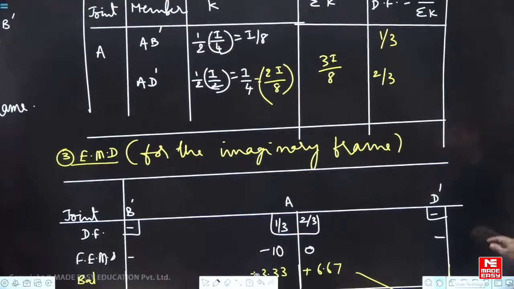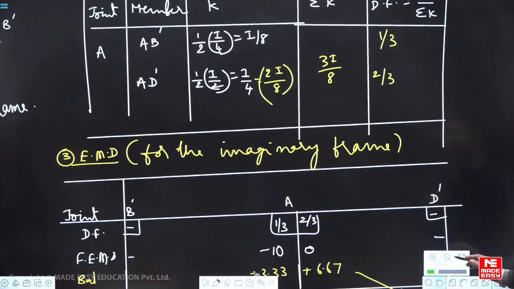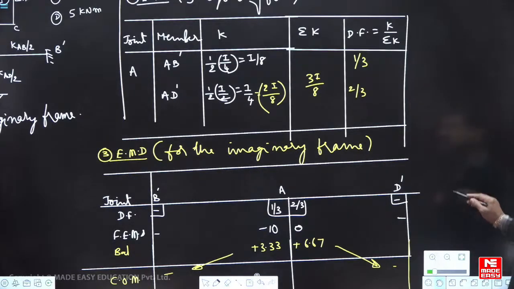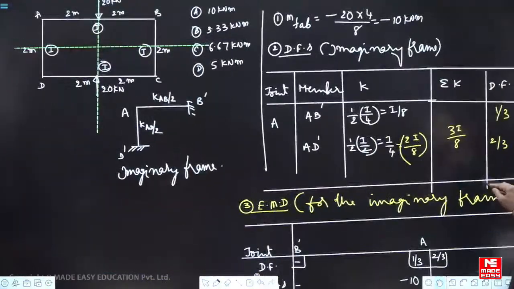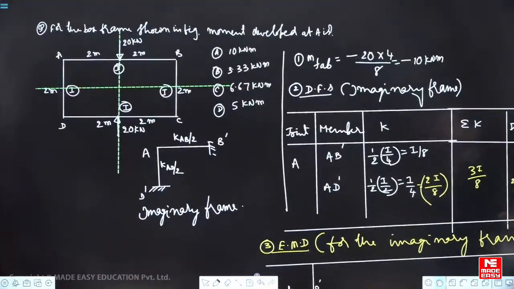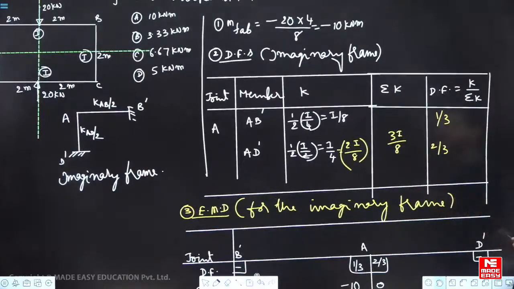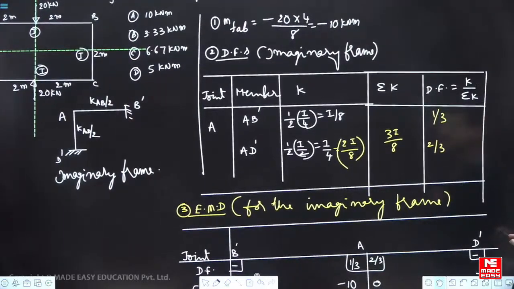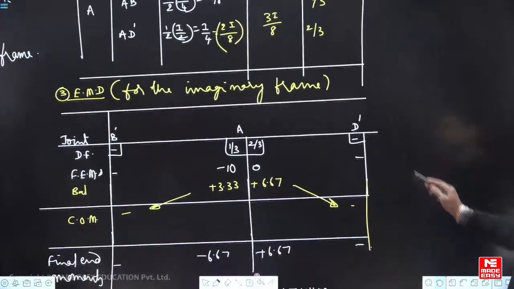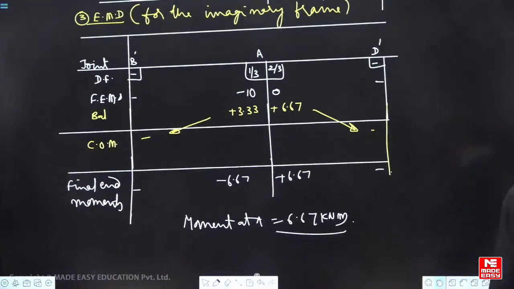Imaginary frame. So this is our frame. First you have to find fixed end moments, then distribution factors, then end moment distribution, final end moments.